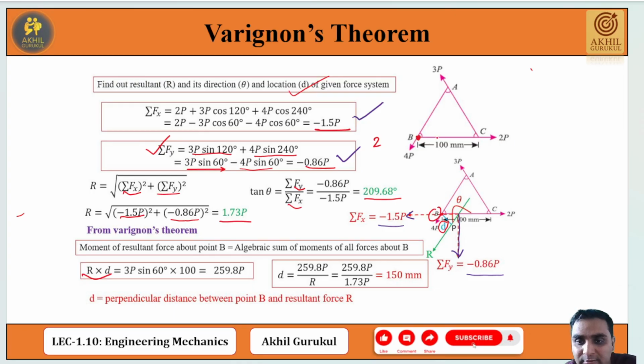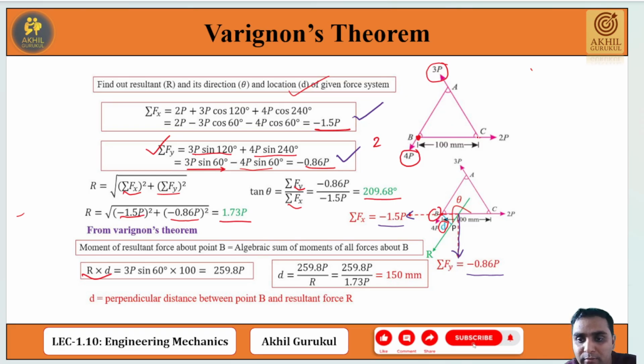So the 2p force is passing through B, so the moment of the 2p force about B should be 0. The moment of 4p about B should also be 0. Why? 4p is also passing through point B. So the moments of 4p and 2p should be 0 about point B. Now we can see 3p has two components.